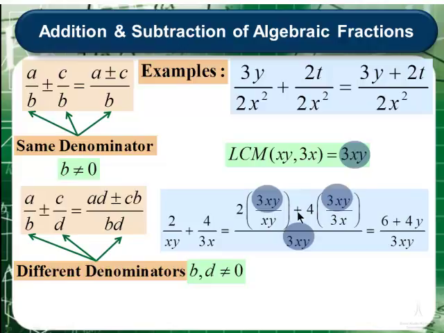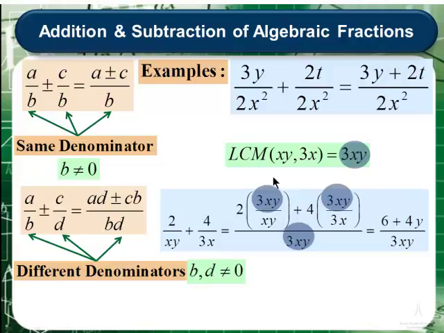Add to that the product of the second numerator in the second term, multiplied with the LCM, 3xy, divided by the denominator of that particular second algebraic fraction, namely 3x. And we then divide everything by our LCM, because this will be the consolidated denominator of the single fraction that we will end up with.